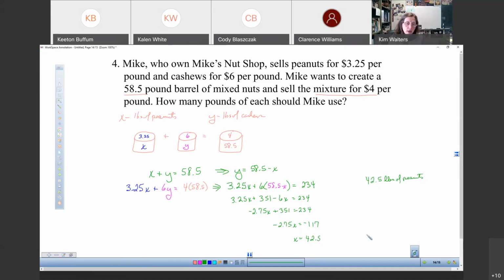And in order to find the pounds for my cashews, I would substitute, I would say y is equal to 58.5 minus 42.5. And I would get 16 pounds of cashews.